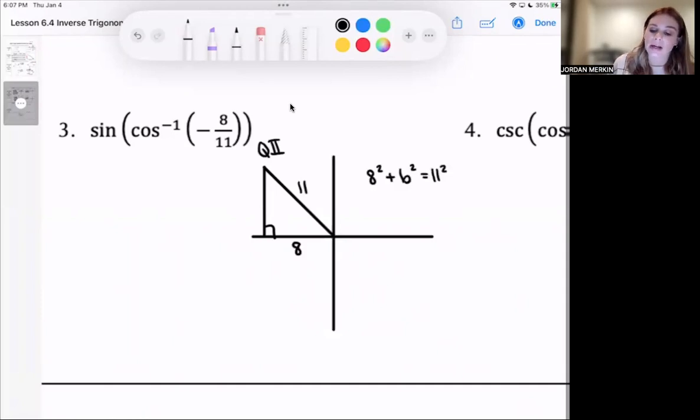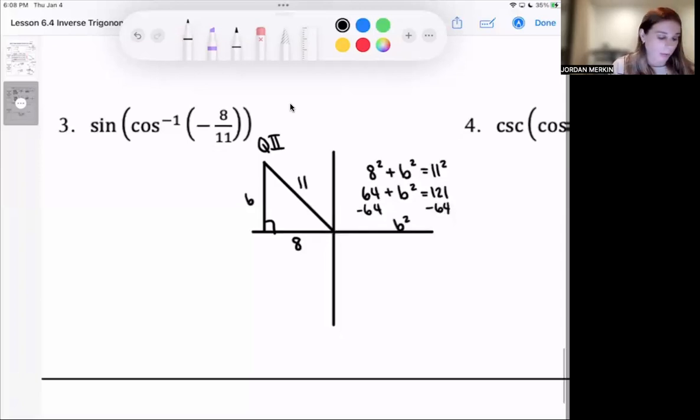So we get 8 squared plus b squared equals 11 squared. 64 plus b squared equals 121. Go ahead and subtract 64 from both sides, and we end up with b squared is equal to 57.